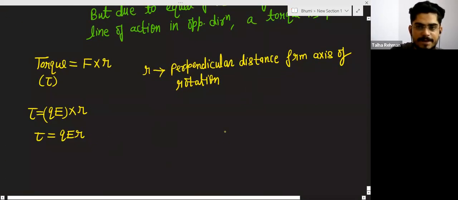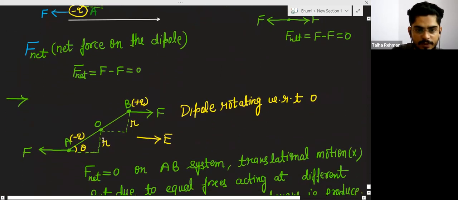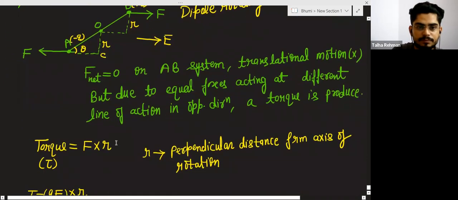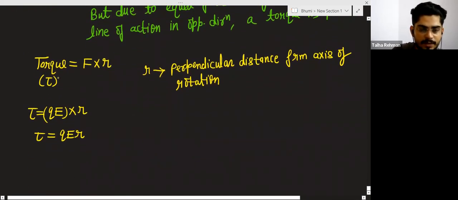So I can write from this triangle, suppose this is triangle OAC. So this is figure 2. I am writing here.